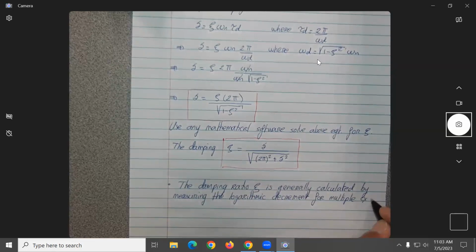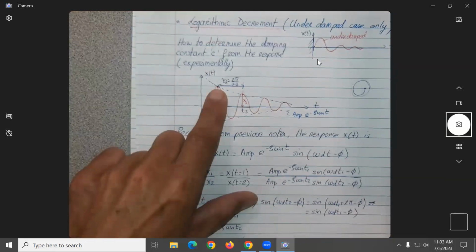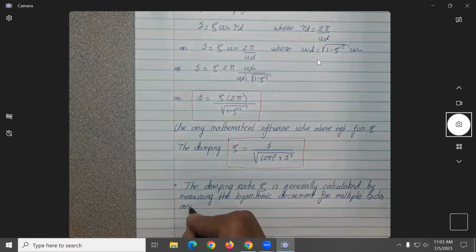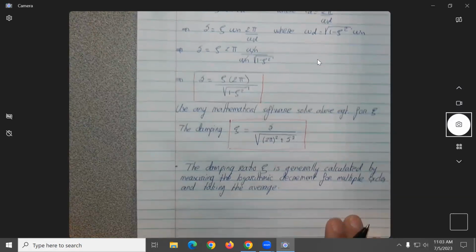for multiple cycles. So basically, you go through one cycle when you go from one peak to the other, and take the average.